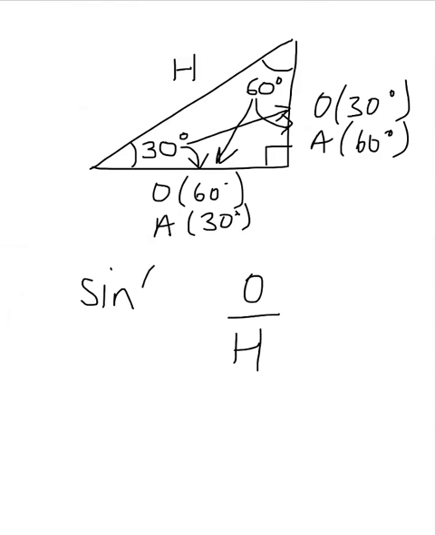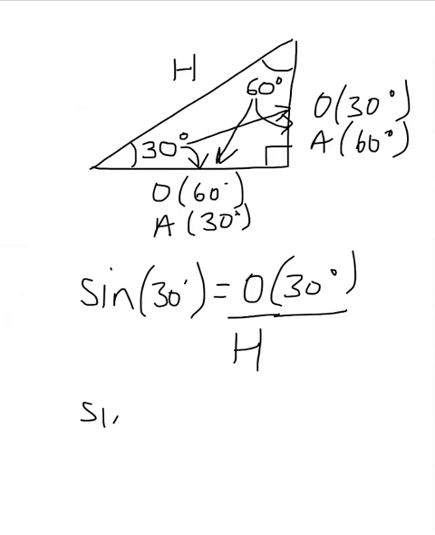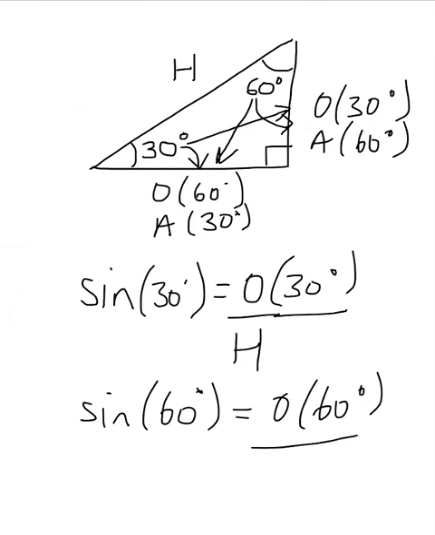So in this case, the sine of 30 degrees is equal to the opposite of 30 degrees divided by the hypotenuse. But the sine of 60 degrees is equal to the opposite of 60 degrees divided by the hypotenuse.